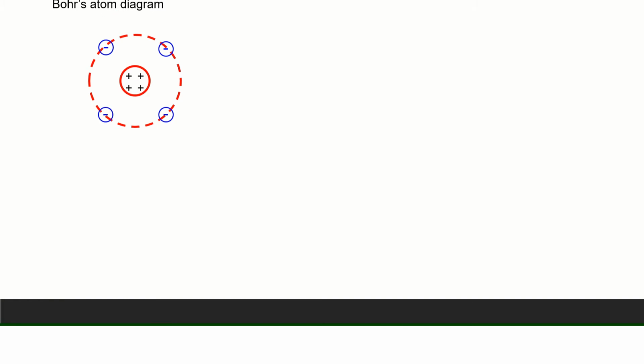The Bohr atom diagram looks like this, where in the middle there is a nucleus. Inside the nucleus there is a proton, and there is an orbit outside of this nucleus. That orbit, or shell, is filled with electrons, and these electrons are moving. So this condition happens.